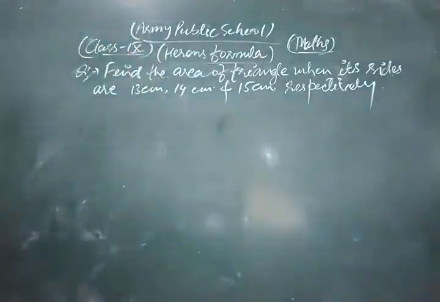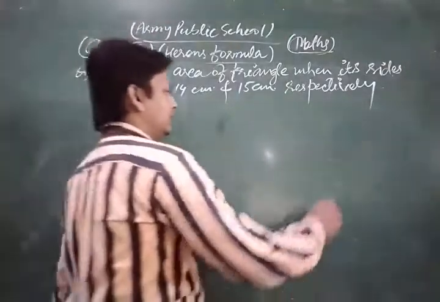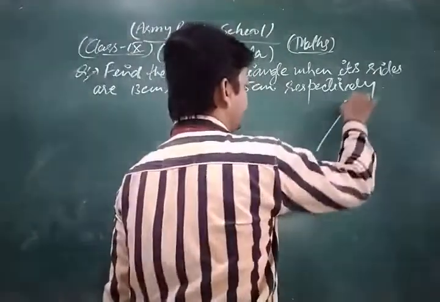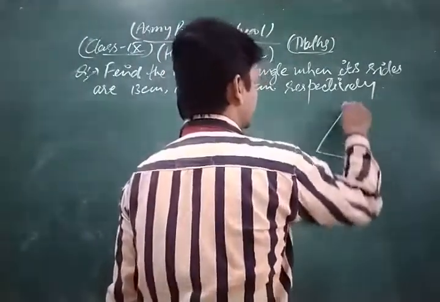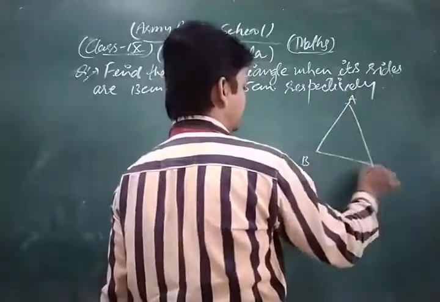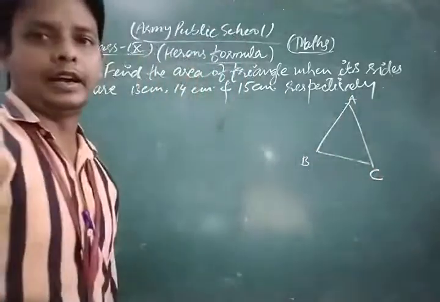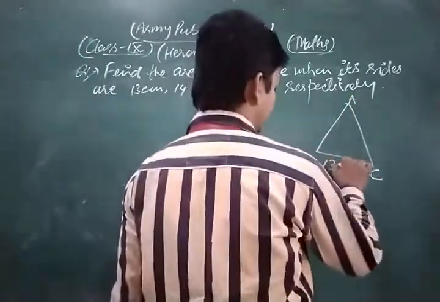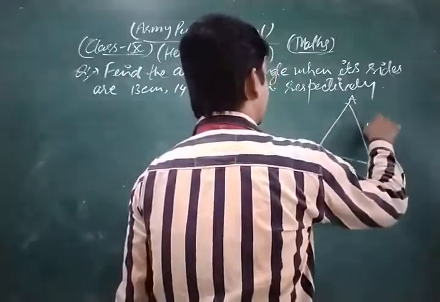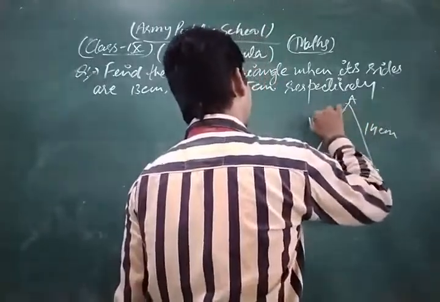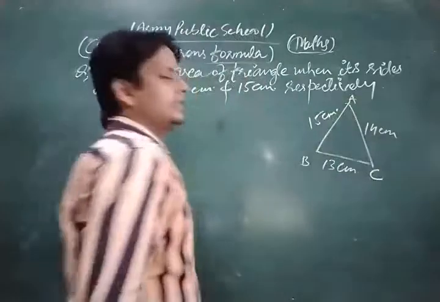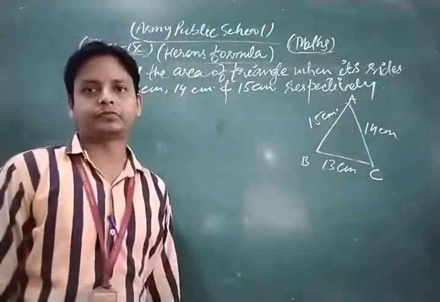Look, first of all, let us take ABC as a triangle in which the sides 13 centimeter, 14 centimeter, and 15 centimeter are given.